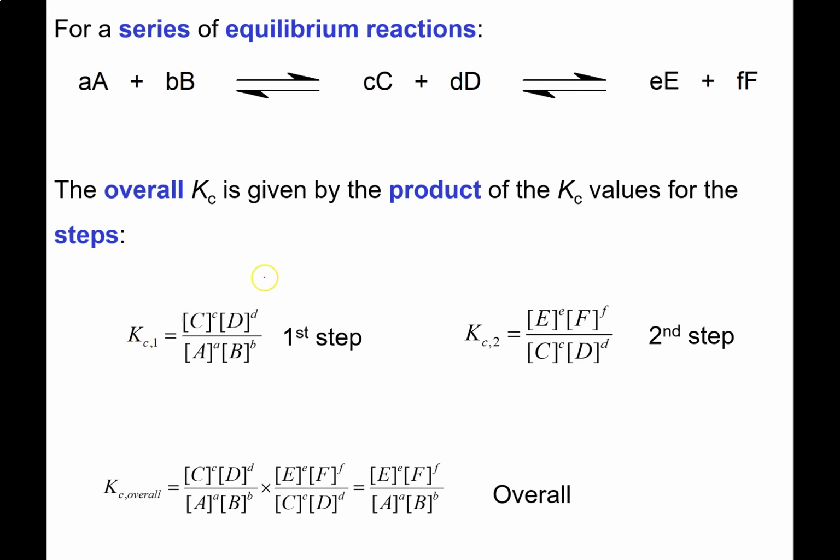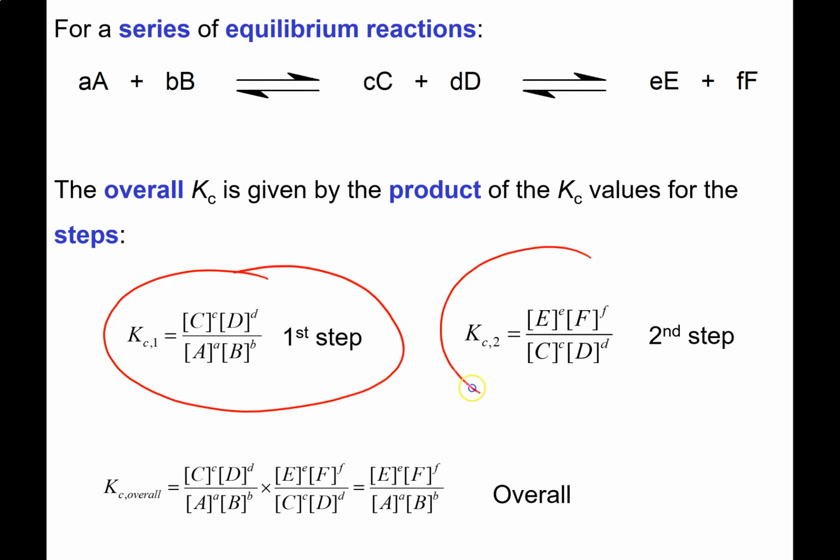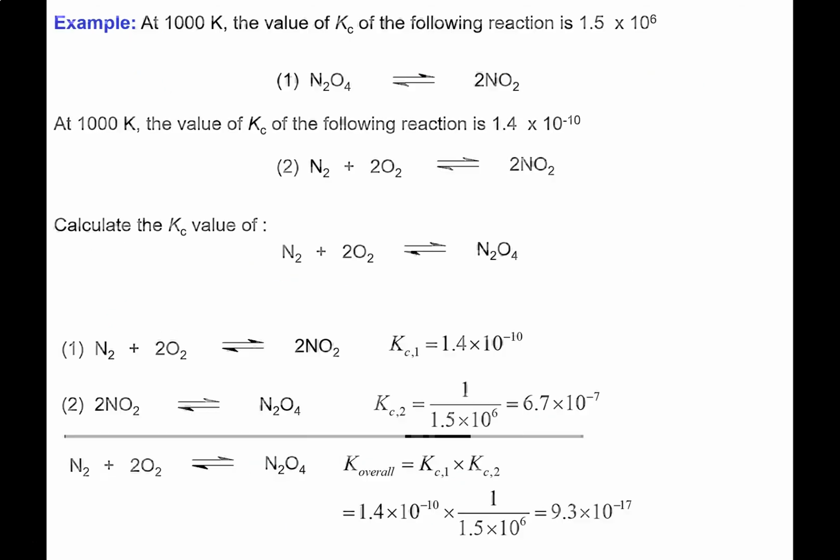So for us, in our first step, we had this expression for the equilibrium constant. And for the second step, we had this one. And you'll note if we multiply those two together, the terms will cancel out to give the equilibrium constant for the overall process. So we can use this to our advantage, right? If we have some equilibrium constants, we can multiply them together to get new equilibrium constants.